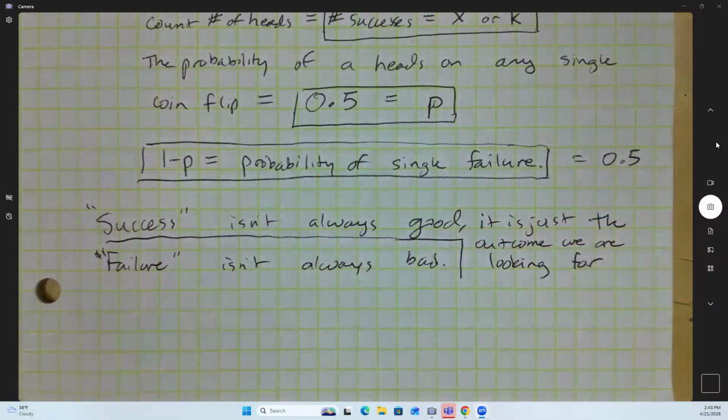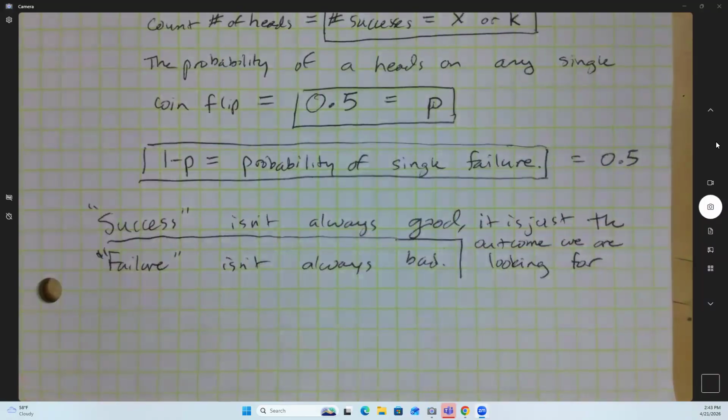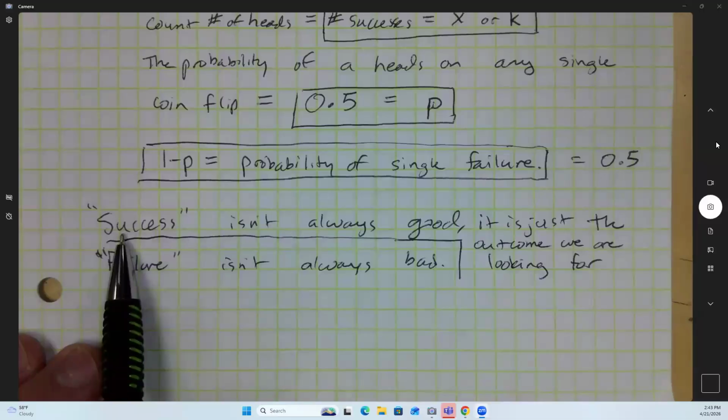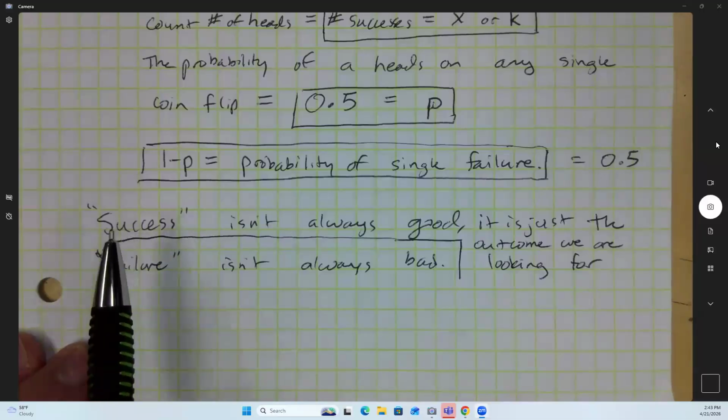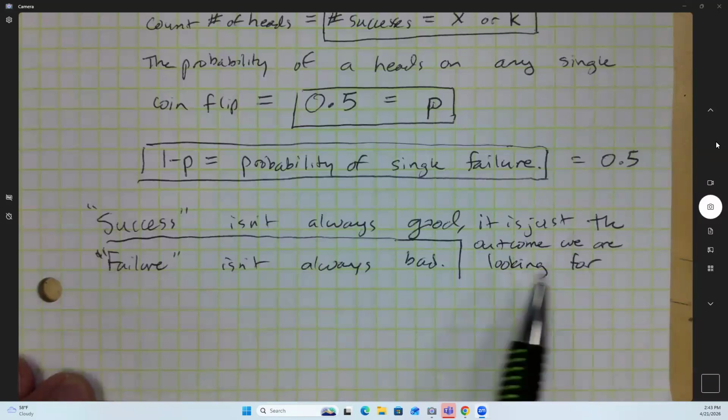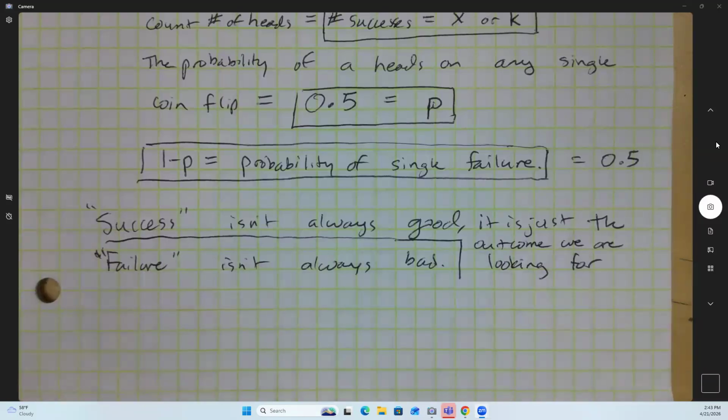Doesn't have to be a good thing. Mammograms, in this context, success would be breast cancer, because that's what you're looking for when you conduct a mammogram. So success is definitely a bad thing, right? So don't think of success as being good or bad. It's just what's the event you're looking for, or what's the outcome you're looking for. And failure is the outcome that you're not looking for.